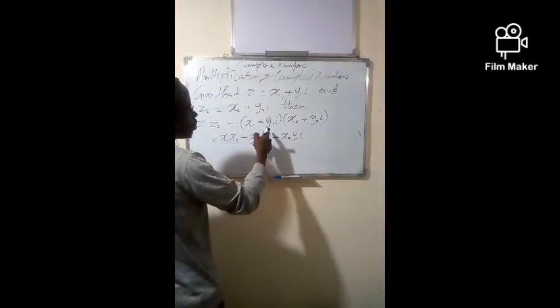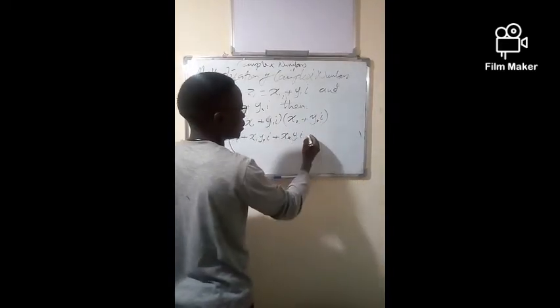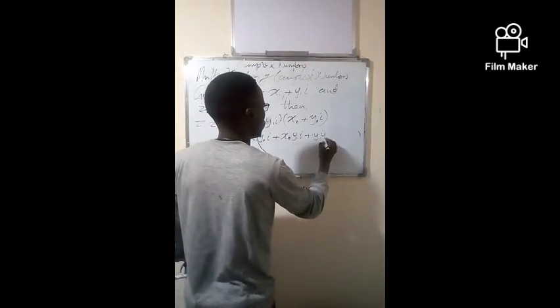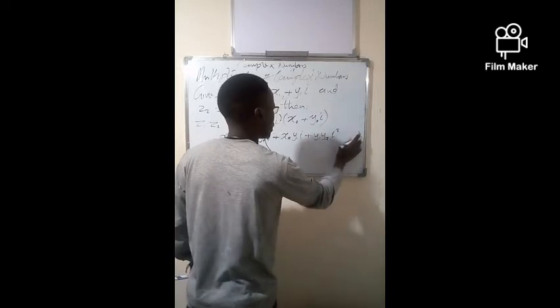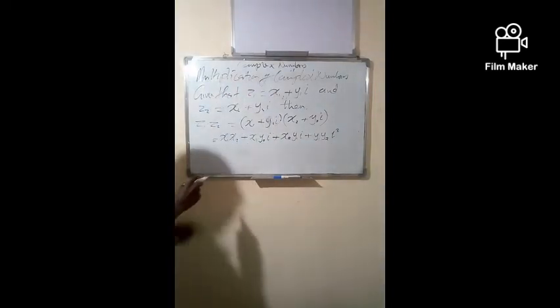Okay, then y1I by y2I, this is going to give us y1y2, okay, then I squared, right? Now I want you to get this. Okay, so we have done the expansion.